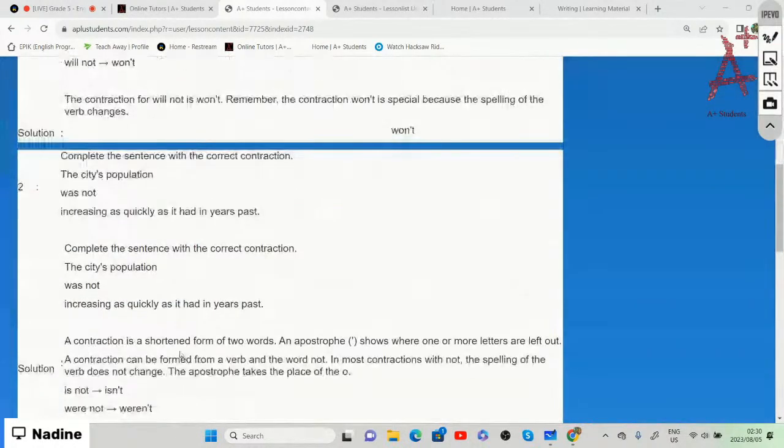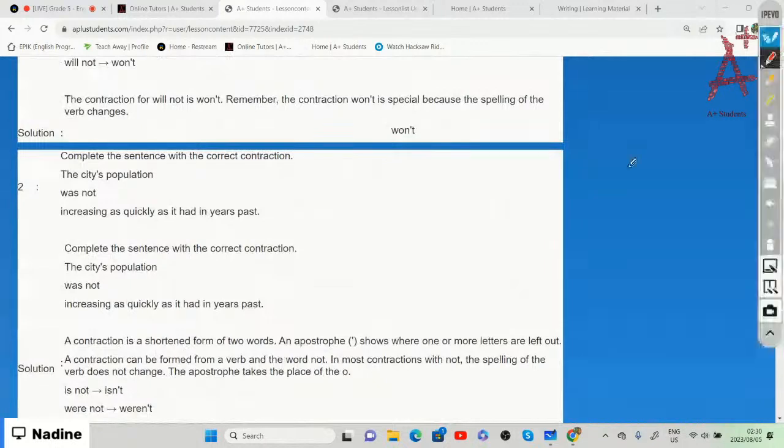All right. The city's population was not increasing as quickly as it had in years past. So the city's population was not. If we say was not, then we can say wasn't.